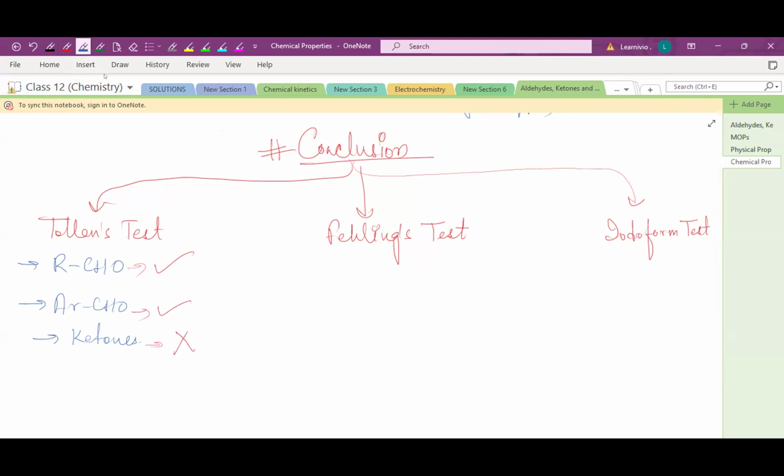Fehling test. Yes, Jupiter, tell me. Will the Fehling test be given by the aliphatic aldehyde? Yes or no?